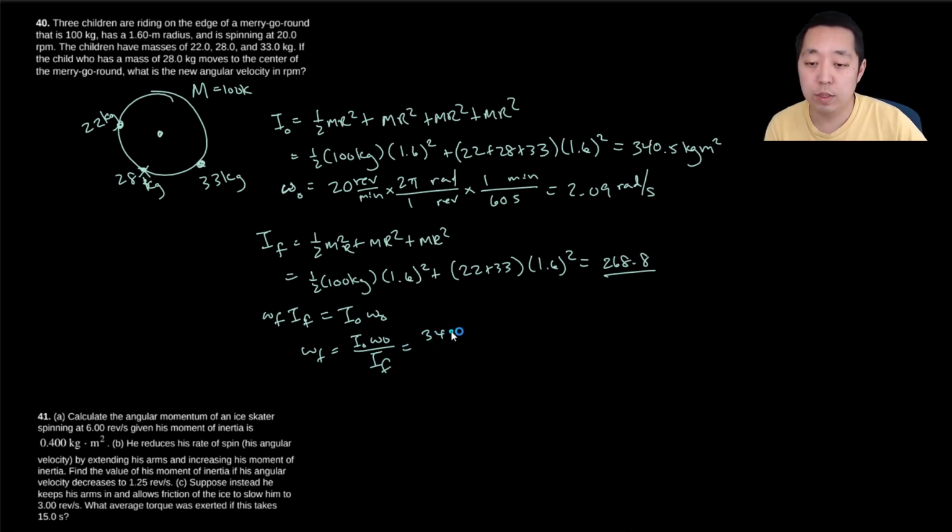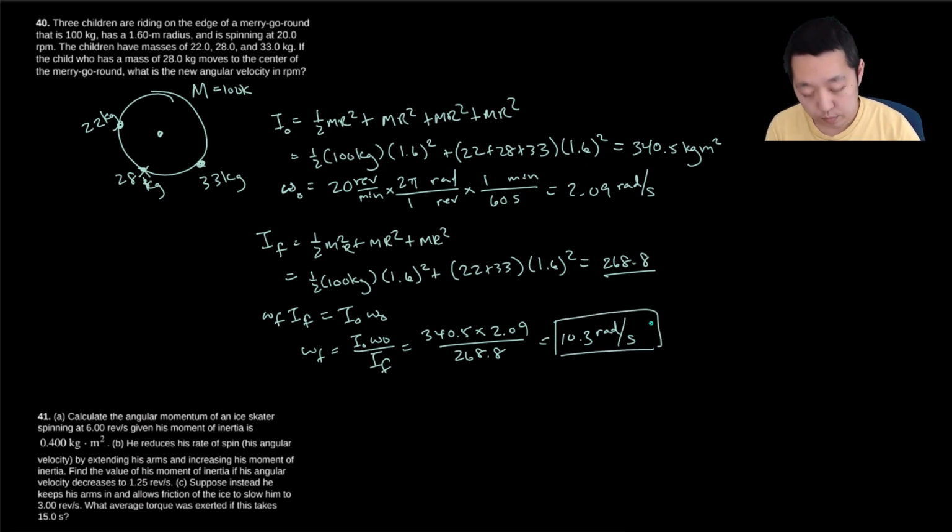So that's 340.5 times 2.09 divided by 268.8. That's 10.3 radians per second. No, that can't be right. It's 2.65 radians per second.